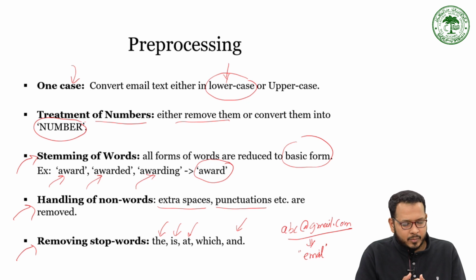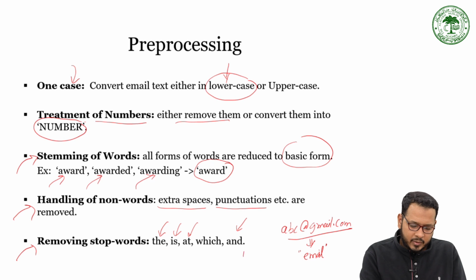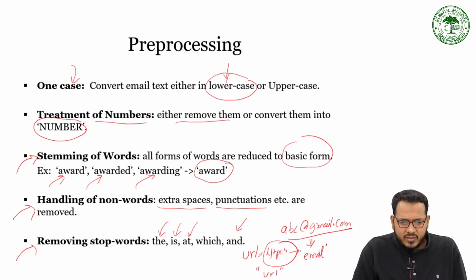So we replace them with some common string, email, and so on. It might contain some website address, some URL. So you might have HTTPS and some URL, and we simply remove that and replace it with the string URL or HTTP address or something of that sort.